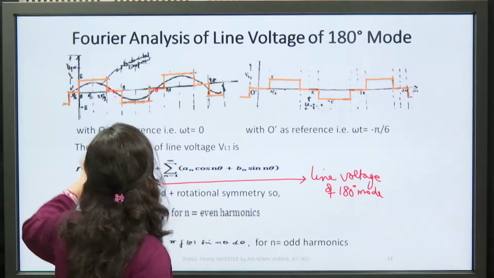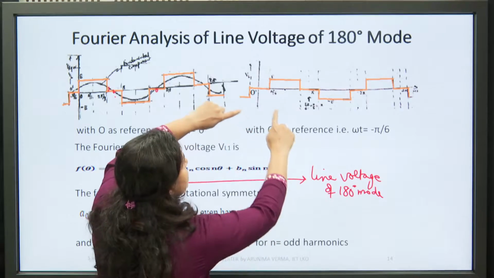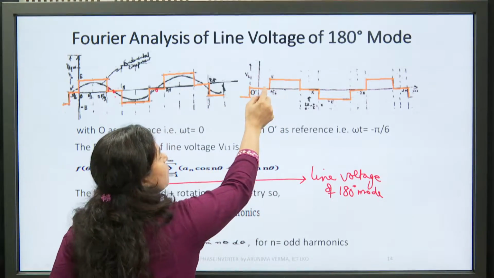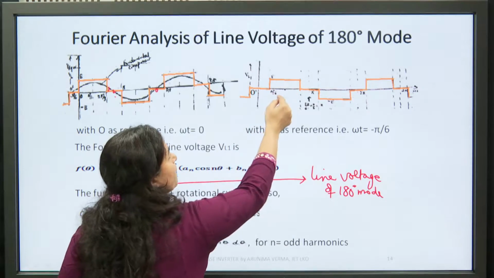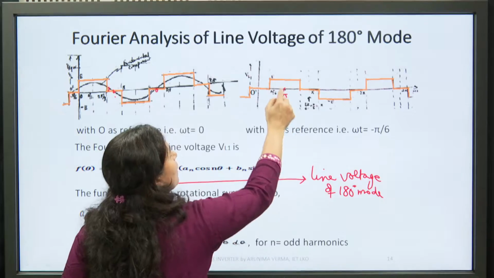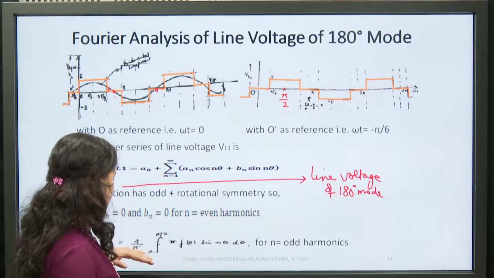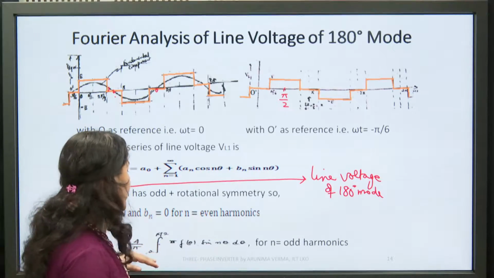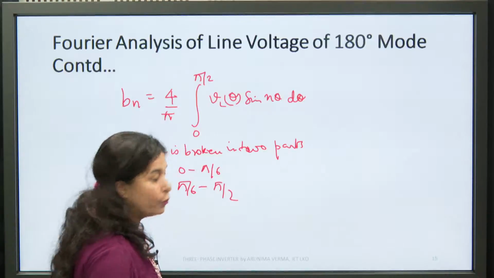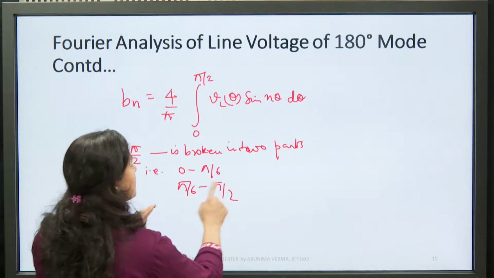As you can see, with O dash as reference, from 0 to pi by 6 the voltage has one magnitude, and from pi by 6 to pi by 2 the line voltage has a different magnitude. So, obviously, to calculate Bn, we have to break this limit 0 to pi by 2 into two parts, as already told, 0 to pi by 6 and pi by 6 to pi by 2.